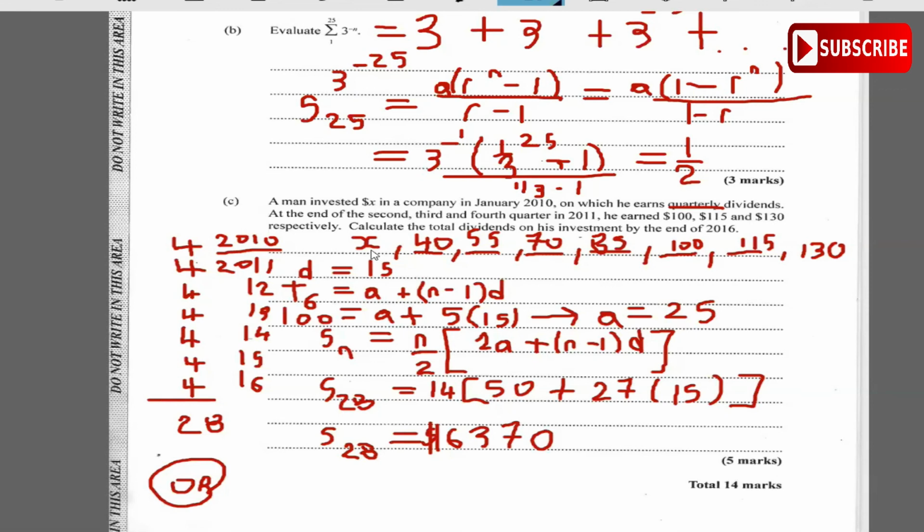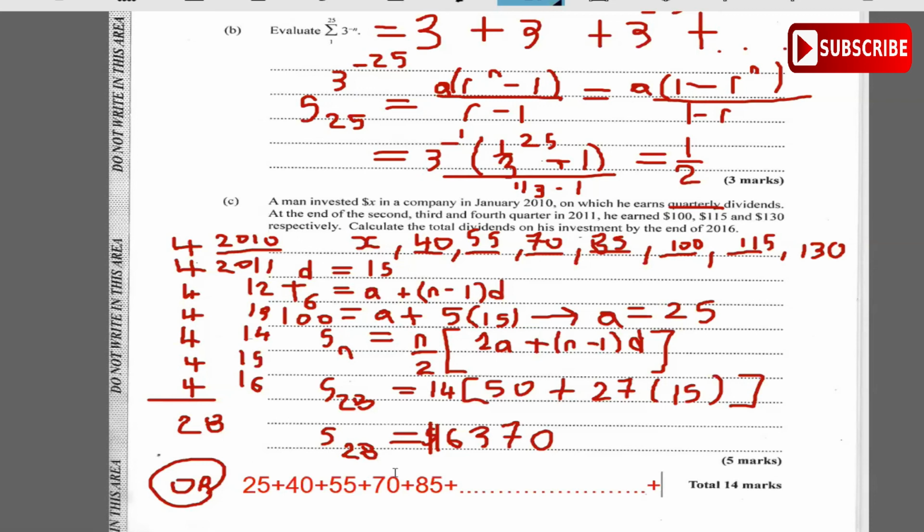Once you find that he started by investing 25, you can add 25 plus 40 plus 55 plus 70 plus 85, keep increasing by 15 until you reach the 28th term, and then add up all of this and you get 6,370.